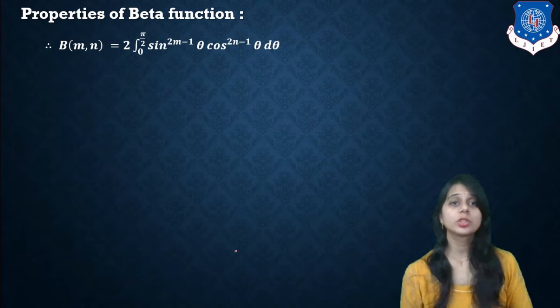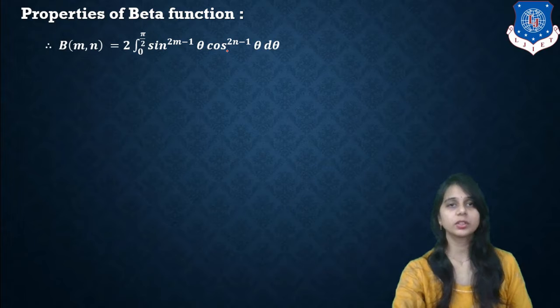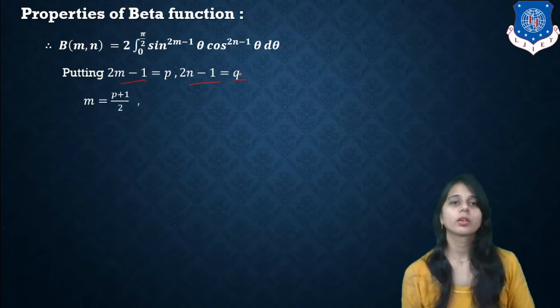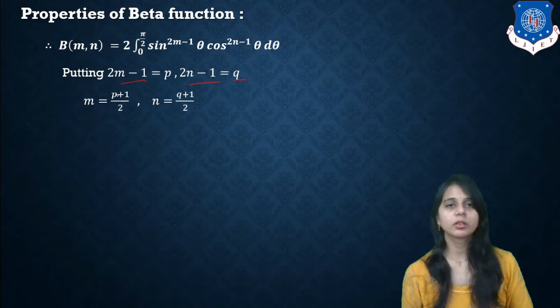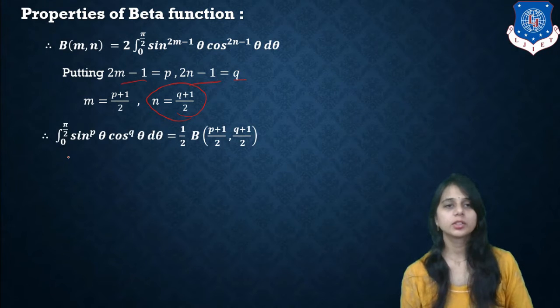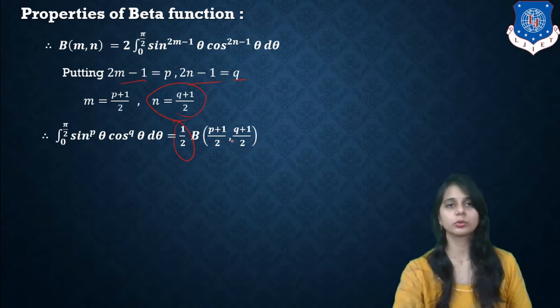So beta(m, n) equals 2 times the integration from 0 to pi by 2 of sine raised to 2m minus 1 theta cos raised to 2n minus 1 theta d theta. Now we take 2m minus 1 equal to p and 2n minus 1 equal to q. So m equals (p plus 1) by 2 and n equals (q plus 1) by 2. Putting the values, we get the integration from 0 to pi by 2 of sine raised to p theta cos raised to q theta d theta equals 1 by 2 beta((p plus 1) by 2, (q plus 1) by 2).